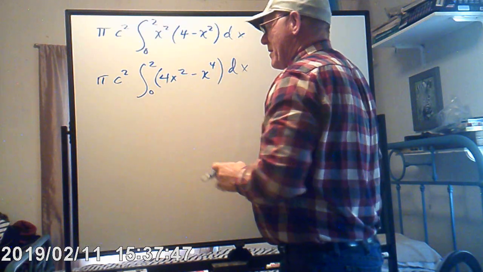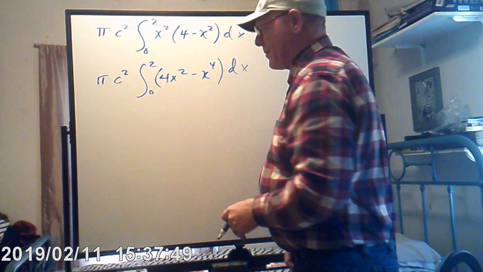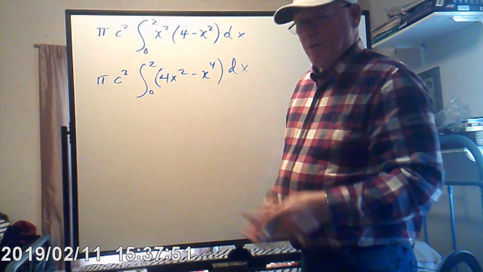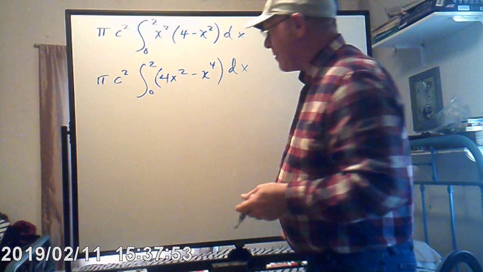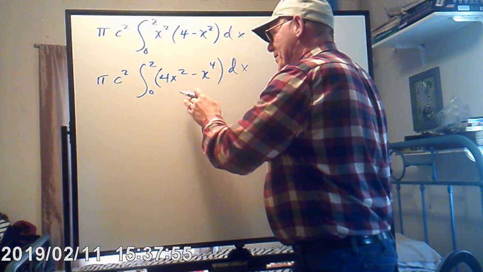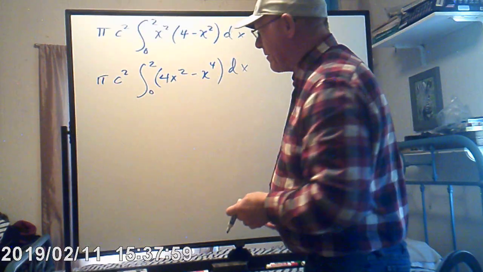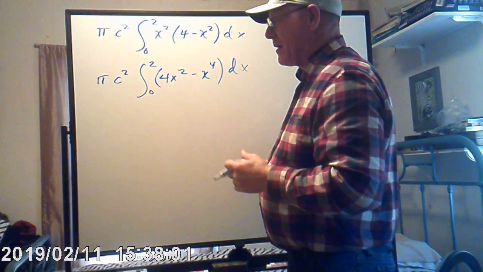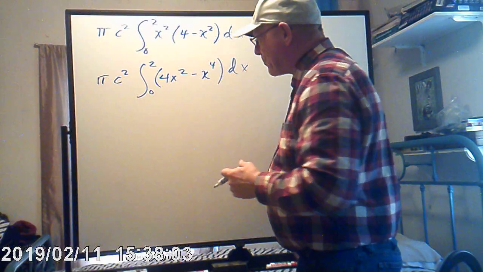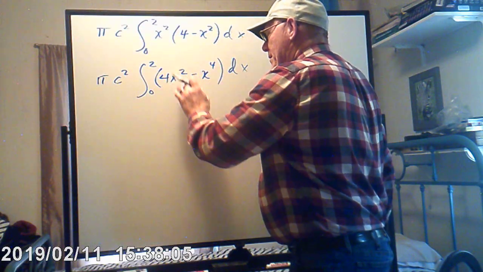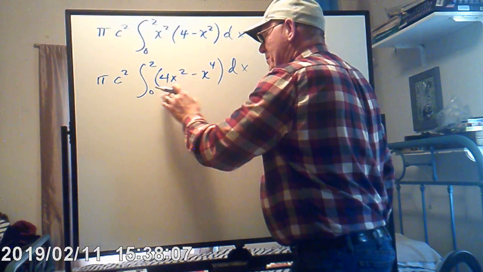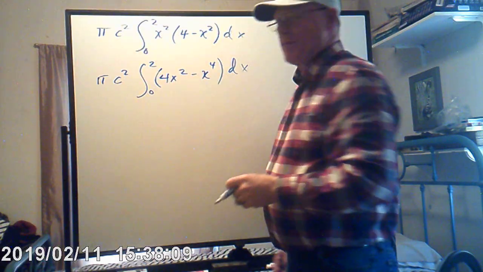Now, what method to choose? Well, of course, this is what I would call the power method. You remember when you first started doing definite integrals, or even indefinite integrals, you increase your exponent by 1 and divide by that same exponent.